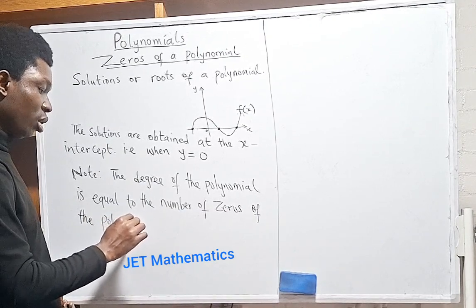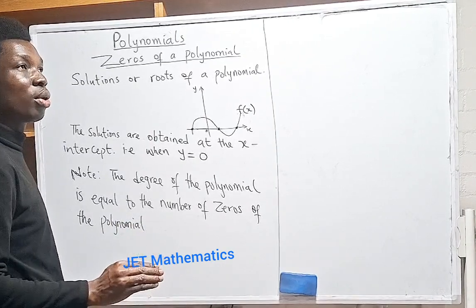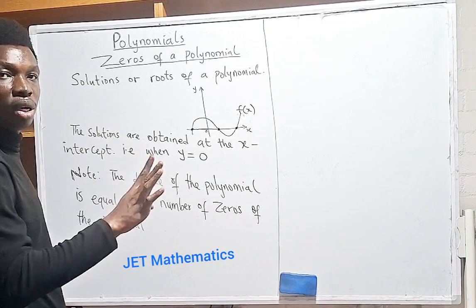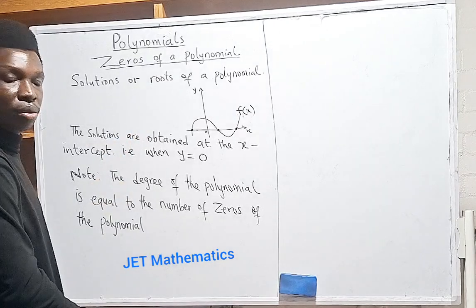So if you have a polynomial of degree 4, it means you are going to get 4 zeros, or 4 solutions, or 4 roots. Okay, good.